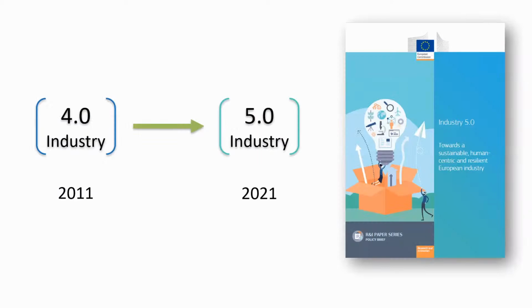Interestingly enough, there are some people who are starting to speak about Industry 5.0. Actually, there is also this report. But what we believe is that it is not really a new revolution, but rather puts the emphasis on aspects that probably in 2011, when we started to speak about Industry 4.0, we didn't take into account.